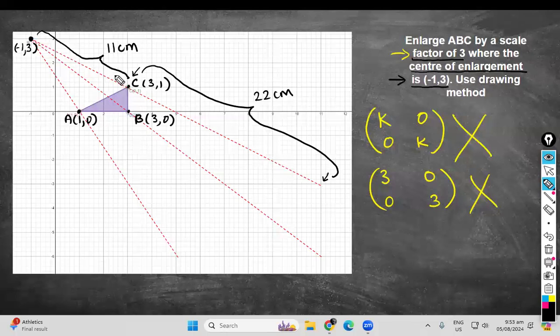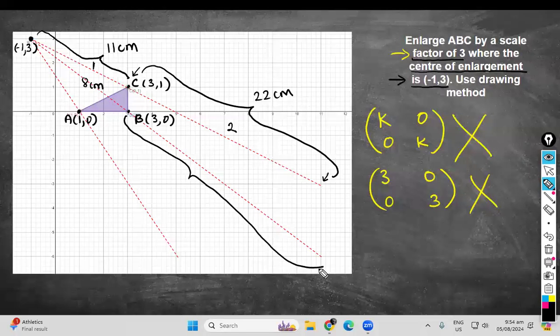Because what's the full length of the line now? 33. The full length of the line is 33. The first 11 centimeters counts as 1. The 22 will count as 2, making the full enlargement 3. So if from the center of enlargement to point B was 8 centimeters, what would be the length from B to the end of the line?